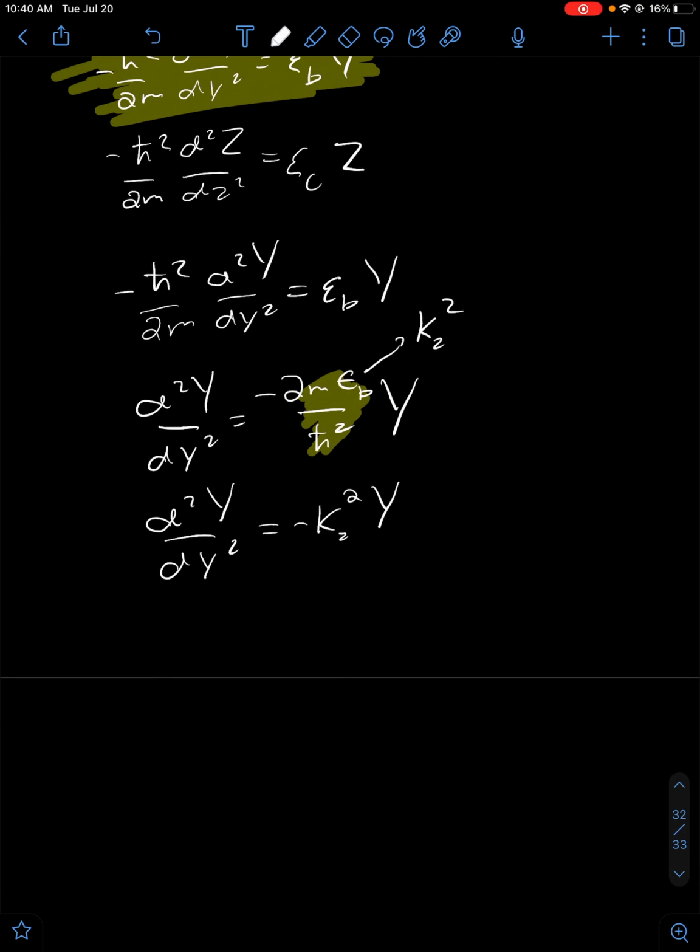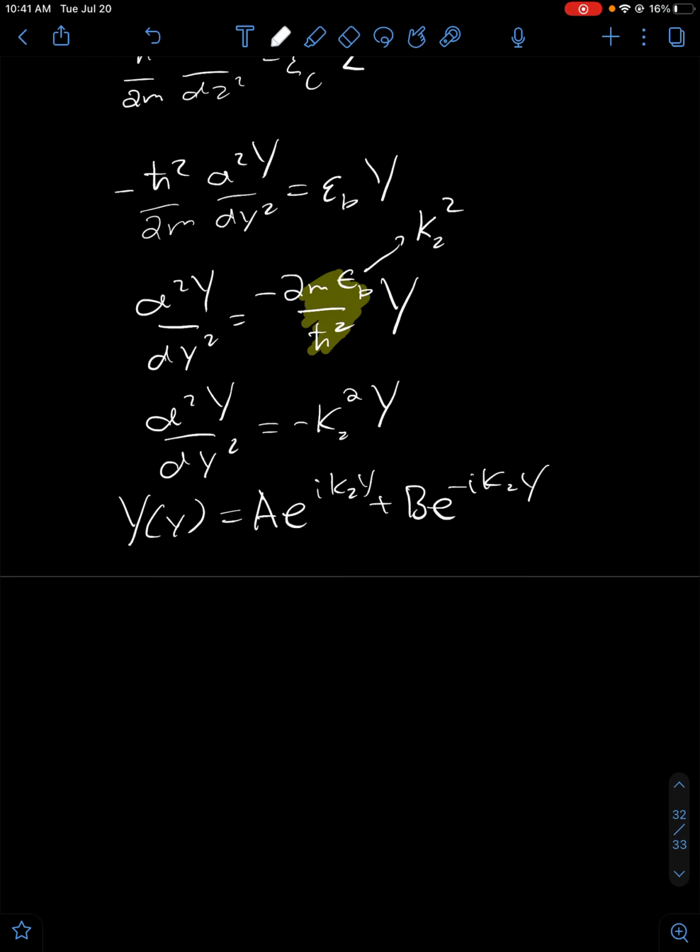Okay? And the general solution to this is going to be big Y of little y equals A e to the i k2 y plus B e to the minus i k2 y. Sorry, not x, y. I chose y because I just like the letter y. That's really the reason. So this is our general solution.